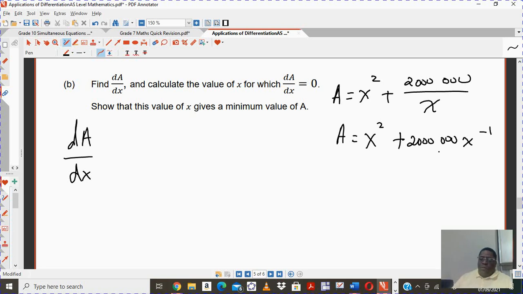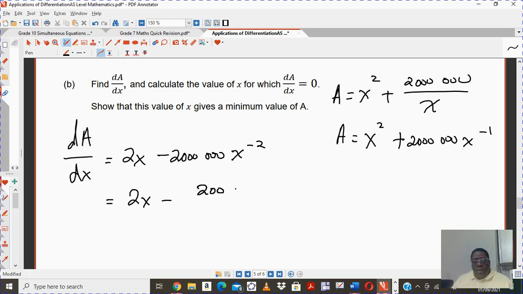It's exactly the same, I'm just writing it the other way around. To differentiate this, you're going to have 2x minus, because of that negative times that, 2 million, and now it's x raised to the negative 2 power. So this gives us 2x minus 2 million over x squared. We now have the derivative.